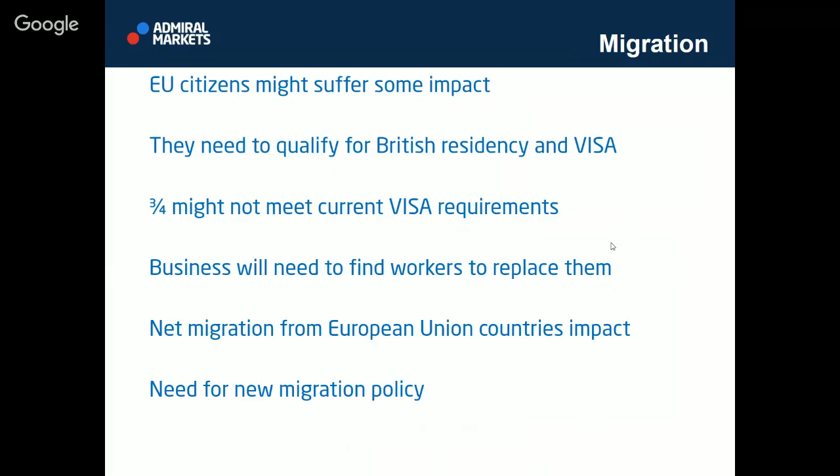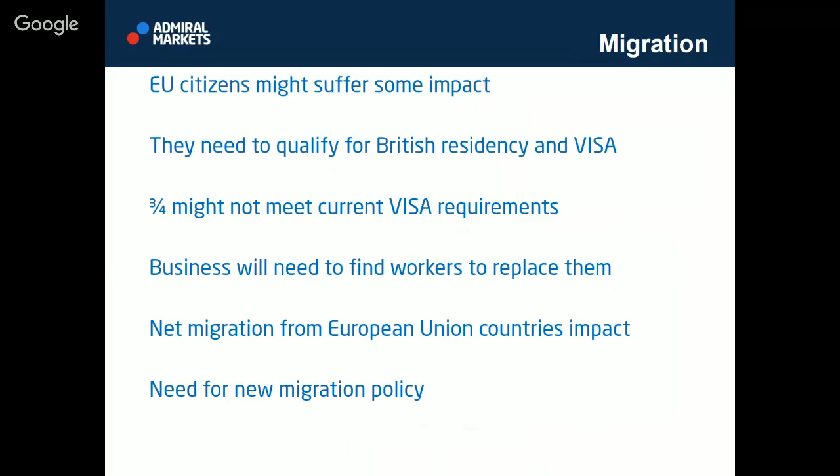Think about it. Net migration from the European Union will have an impact, and I think that impact will be a fall. If Britain was outside the single market in the medium term, net migration from EU countries would fall, reducing the growth rate of the British labor force.